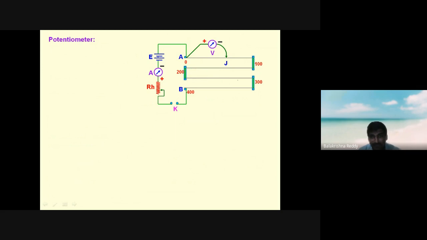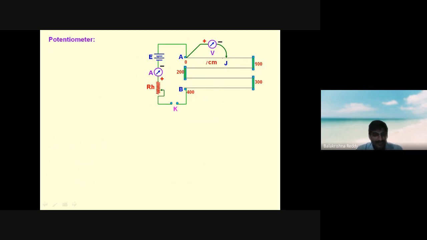In the meter bridge, we slid only across 100 centimeters. But here we slide along the whole wire, and wherever you get the null point, the current in the circuit is 0, then our connections are right. To get the null point, I can't say it is difficult. It's a patient's job. With proper careful connections, you have to handle smoothly and do the experiment.